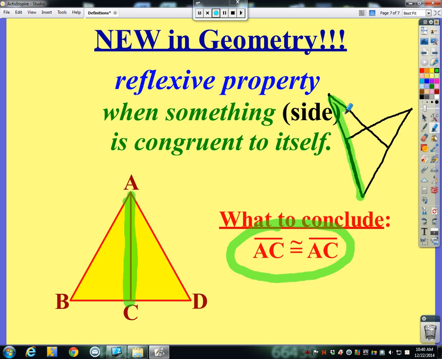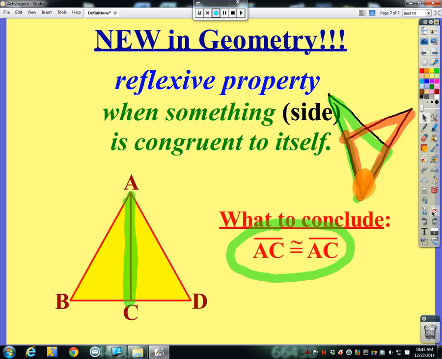Okay, let me highlight here. So this guy versus this guy. Both of those triangles share exactly this bottom angle down here. So that would be a reflexive property using angles. Very rarely, again, will that pop up, but it could happen.